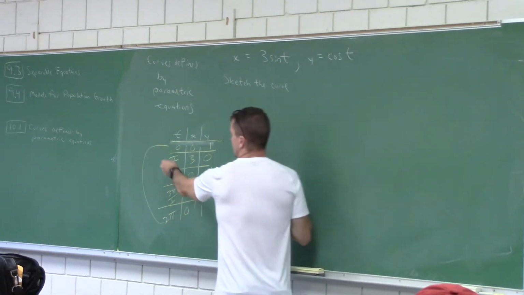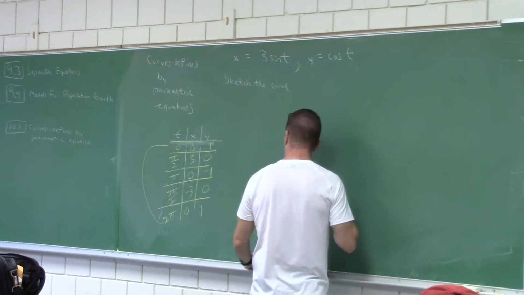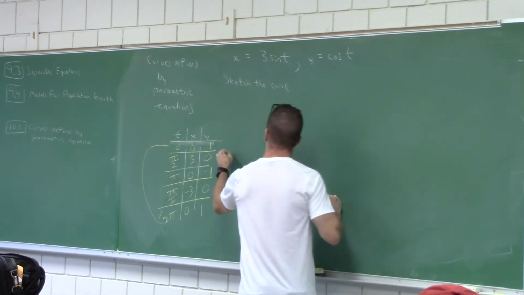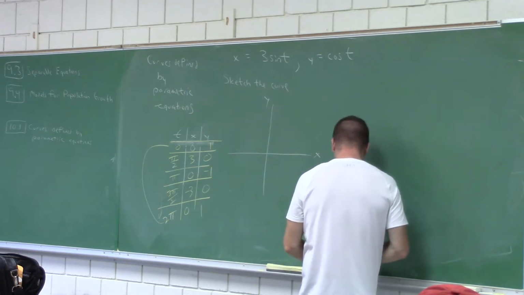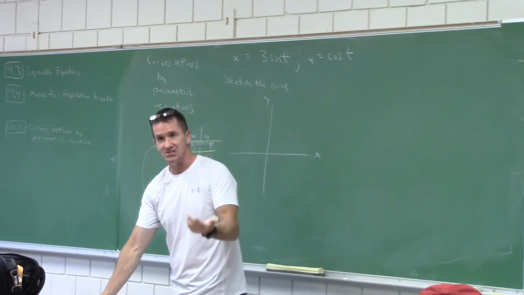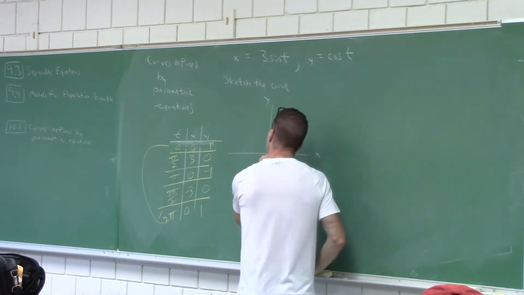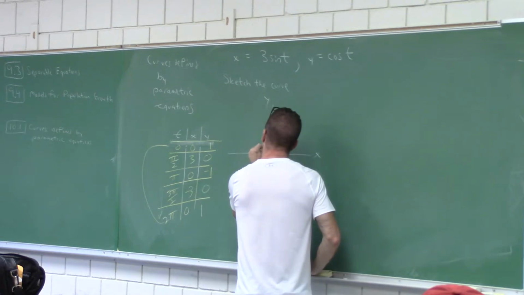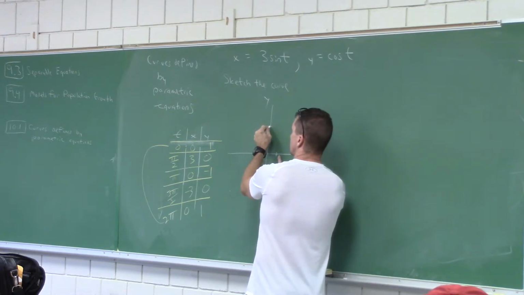Now everyone notice, as t increases, I'll just draw an arrow, how did this curve lay out? Look, this is x, this is y, like we've always drawn the xy coordinate plane. We just use this parameter to make this sketch. It started here, then it moved up to the 0, 1.